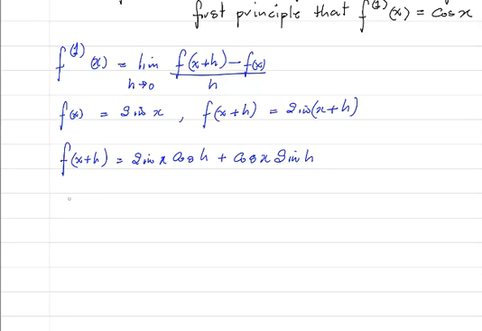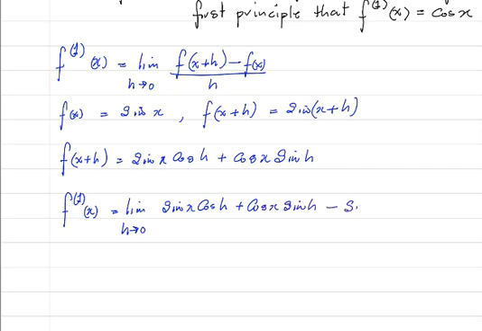So therefore, f1 of x would be equal to the limit as h approaches 0 of sine x cosine h plus cosine x sine h, which is f of x plus h, minus f of x, which is sine x, and this is all over h.